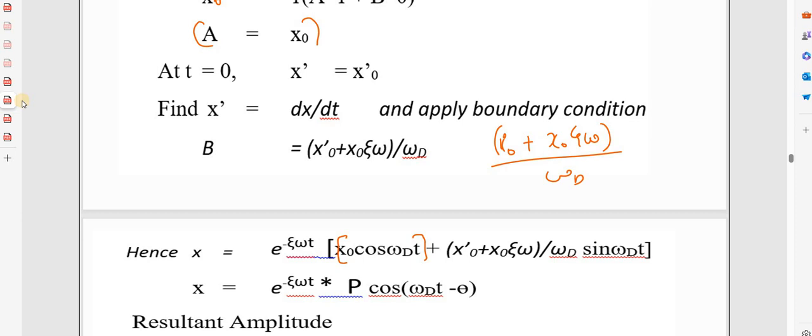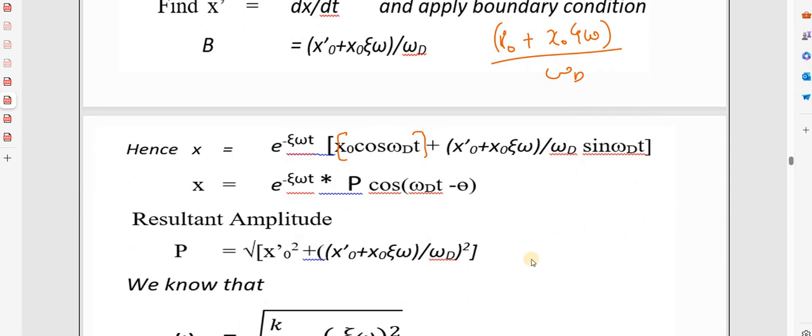In the undamped free vibration, we got a solution like this: x is equal to x0 cos omega t plus x0 dot by omega sin omega t. This was what we got in the undamped condition. So in the damped condition, what has happened?